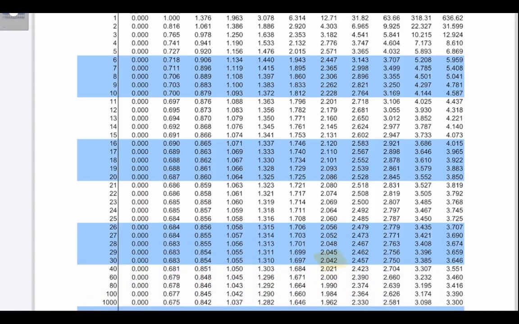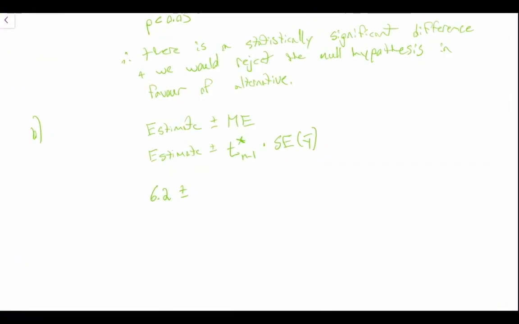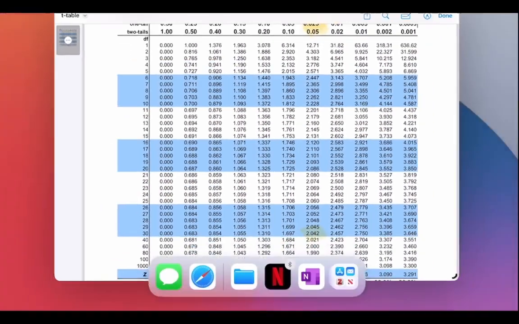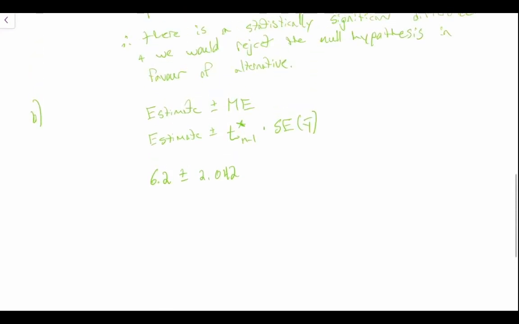And it's a conservative estimate, so 2.042. So let's just go ahead and use that value, 2.042. And again, if your professor wants you to use interpolation, you should use interpolation, but it's not always necessary.